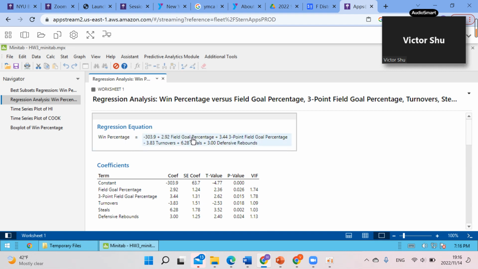I want to use the field goal percentage, which is the predictor I used from last week, but also I'm using the 3-point field goal percentage, the turnovers, steals, and defensive rebounds. I'm using 5 predictors together to predict the win percentage. So that is a multiple linear regression model.